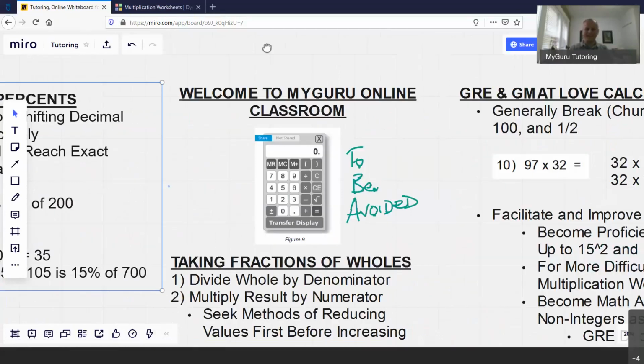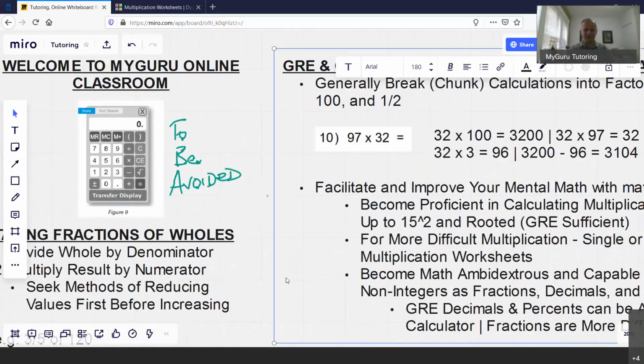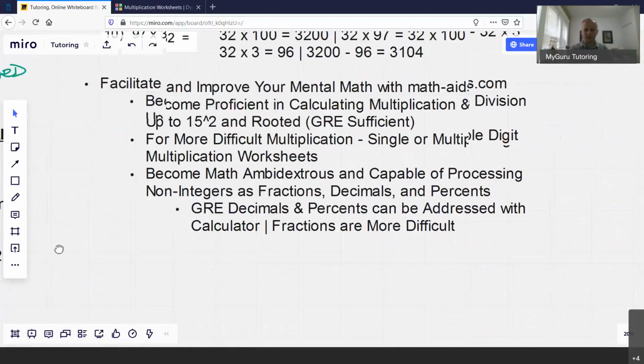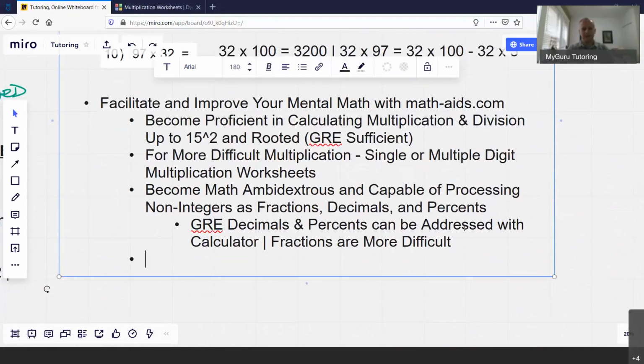Now, last thing, and it's not so much of a manual manipulation thing, but that you'll want to work on as it pertains to math aids, is that you'll want to practice exponents, exponential, and radical manipulation.